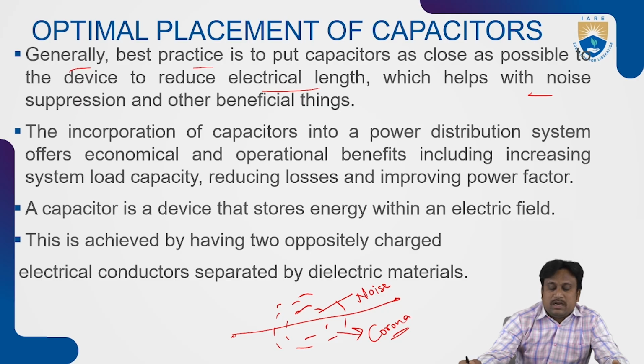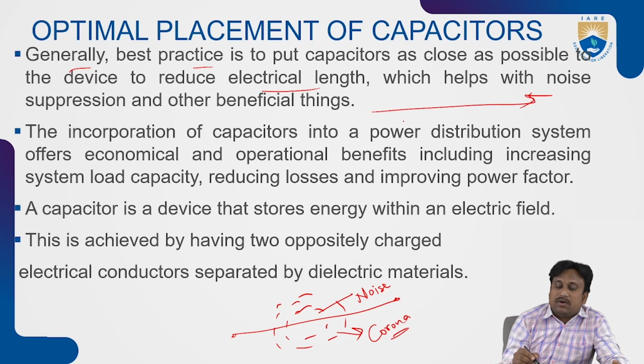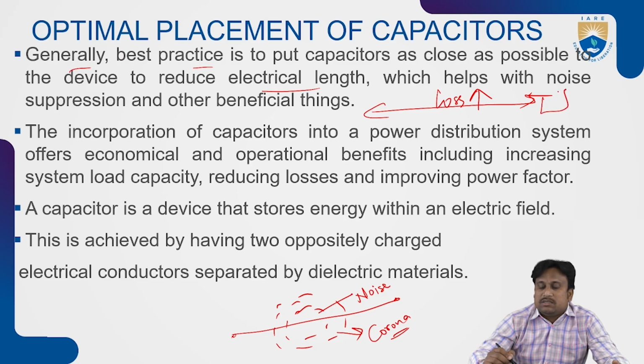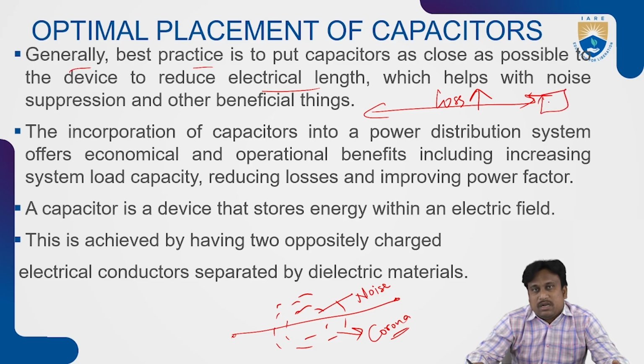When you go on increasing the length of the line, what happens? The loss coefficient becomes more, so loss expectancy is more. Then on the load side, the expected outcome cannot be reached, which makes the whole system more complex.